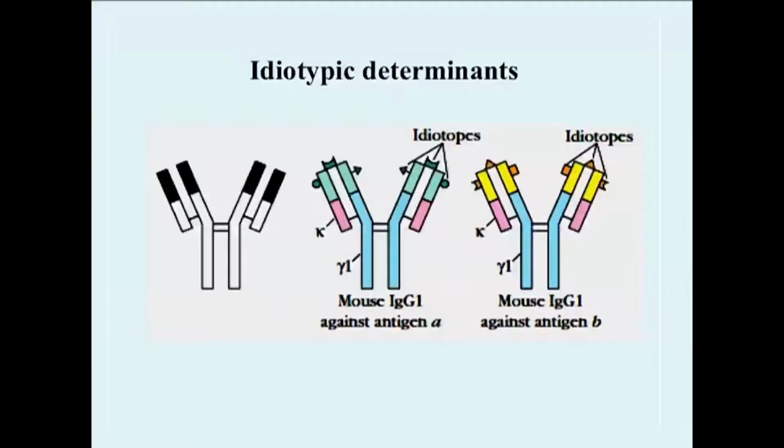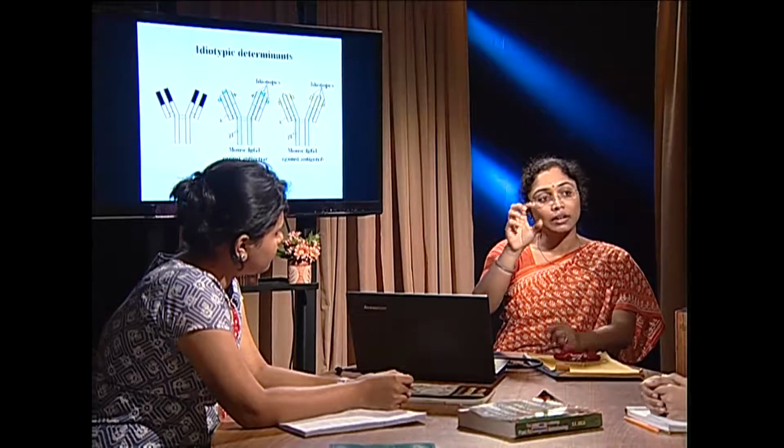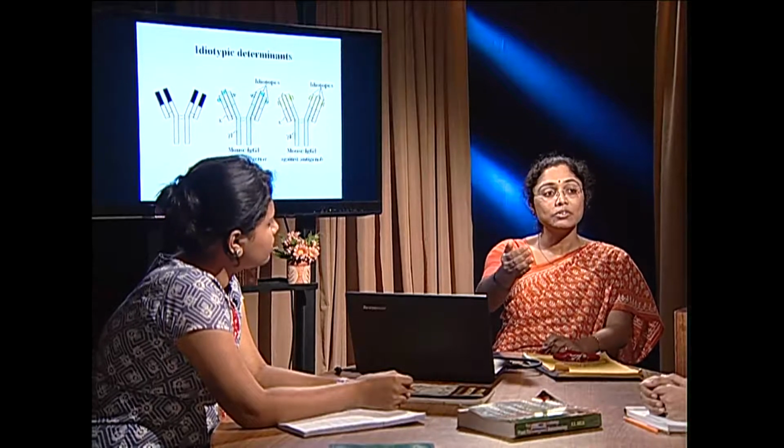And another determinant is called idiotypic determinant. Suppose we have an immunoglobulin raised against antigen A. Now, if we inject this immunoglobulin into a recipient identical with the donor, then all the constant regions are the same, but the recipient has no immunoglobulin against antigen A. Now, its immune system will recognize the variable regions as foreign and antibodies will be developed against the variable region determinants.